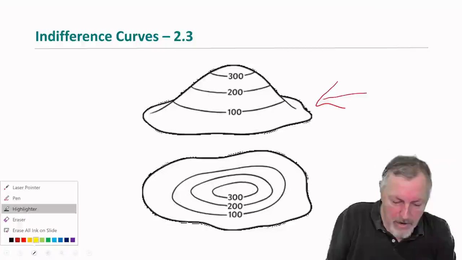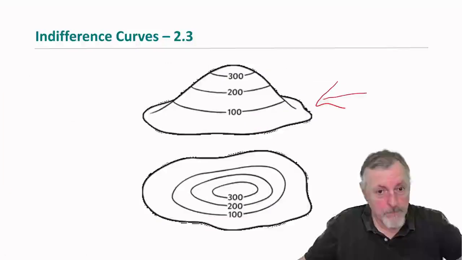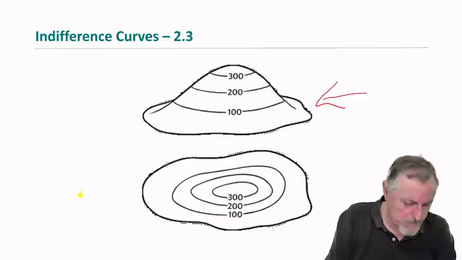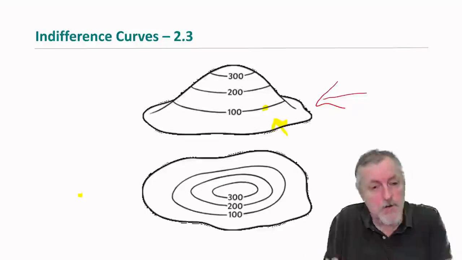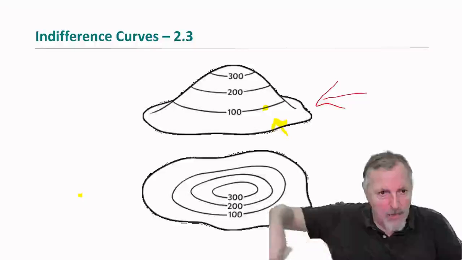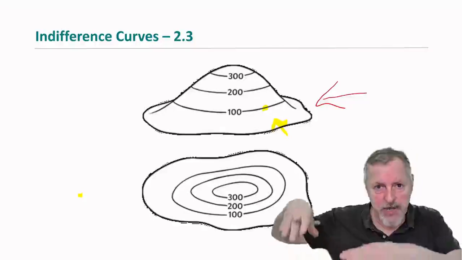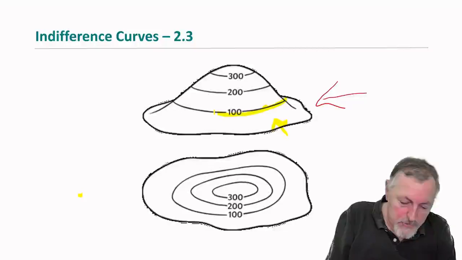Well, you'd walk on the mountain, you'd walk up and up and up. You would walk up the mountain until you came to this point. And you'd look at a little altimeter, I'm at 100 feet. Spray it on the ground. And you'd walk around the mountain, staying at exactly 100 feet above sea level. And you'd end up spray painting that line.